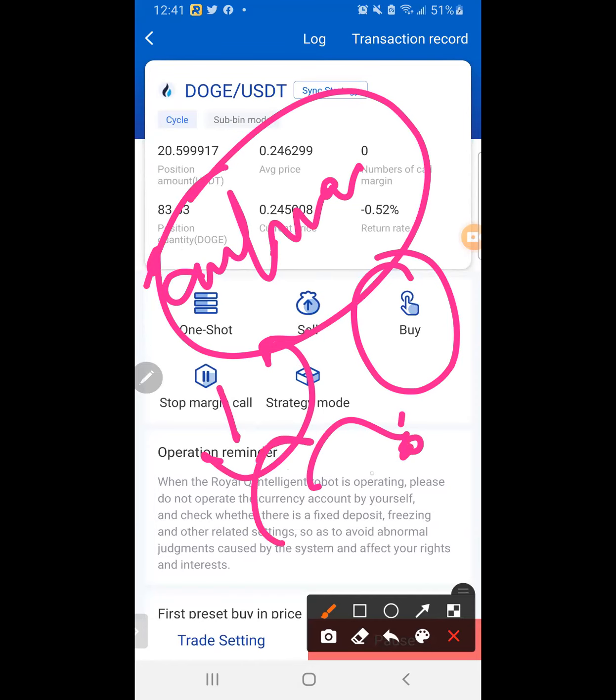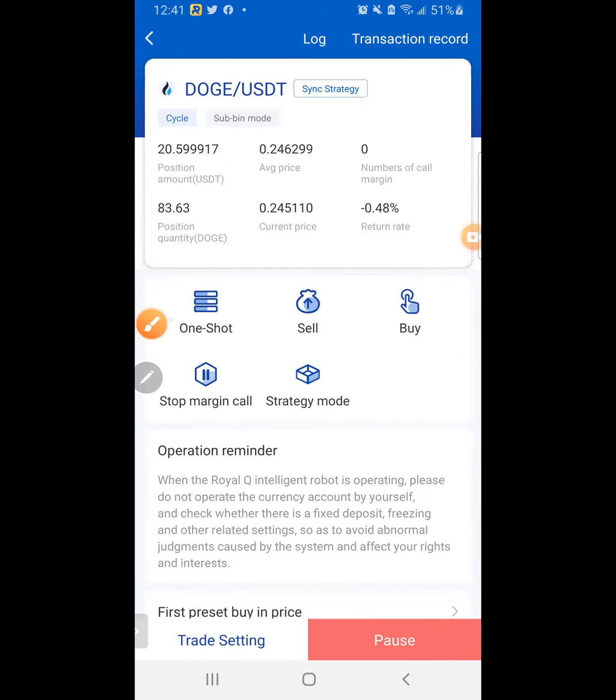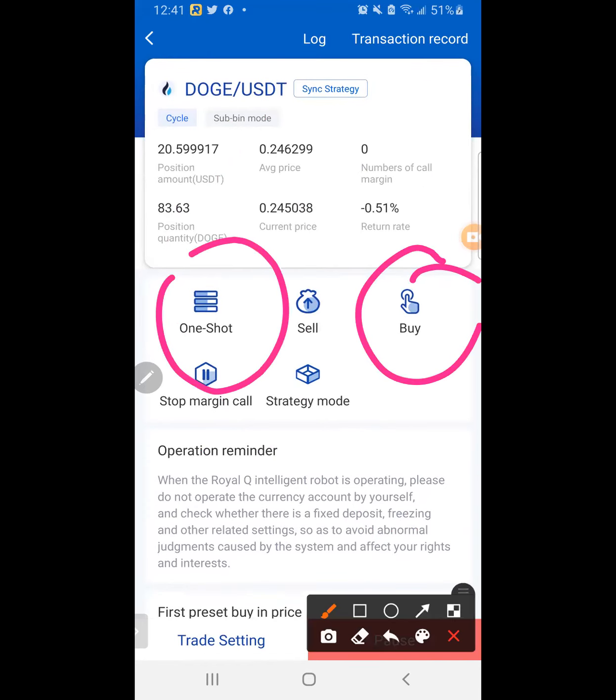Then when it rises, the original price will come down. It is well planned. So don't change anything. All you need to do is select them and sync them. In fact, you don't need to manually replenish anymore. You don't need to do all this manually. In case you just want to do it, then you can, but you don't need to. It's very easy. Just sync them and they work.